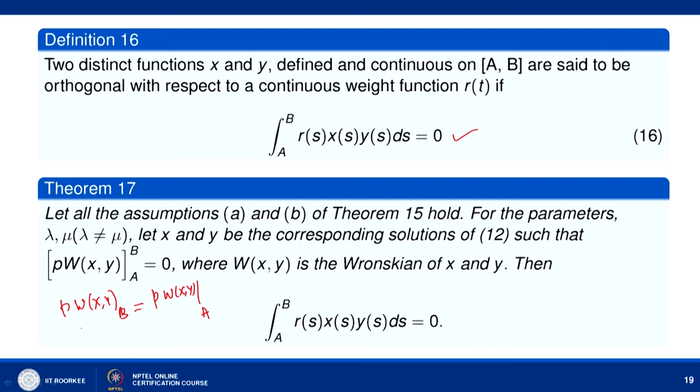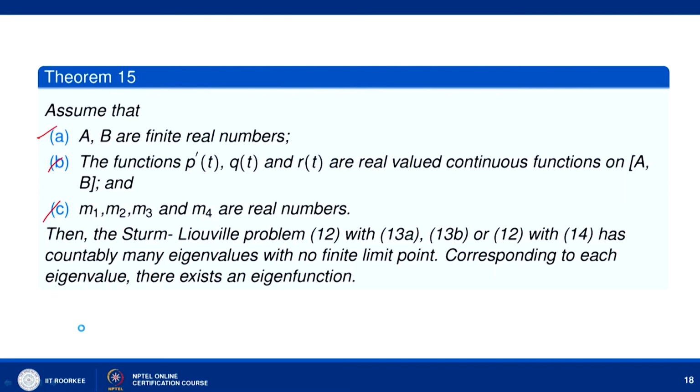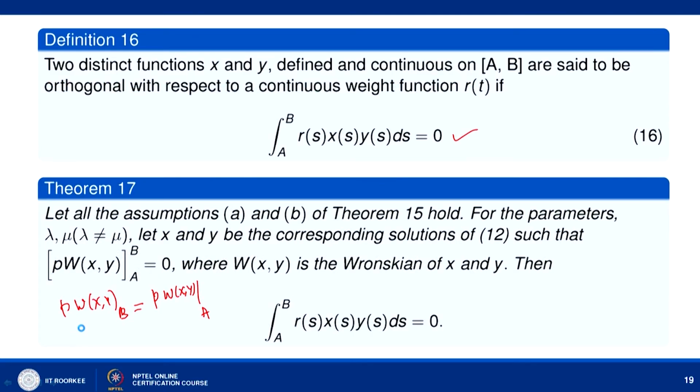So, we say that if this condition holds, what are the conditions? The condition is that a and b are finite real numbers and the functions p dash (t), q(t) and r(t) are real valued continuous functions. Then the Sturm-Liouville boundary value problem has orthogonal solutions corresponding to distinct eigenvalues.